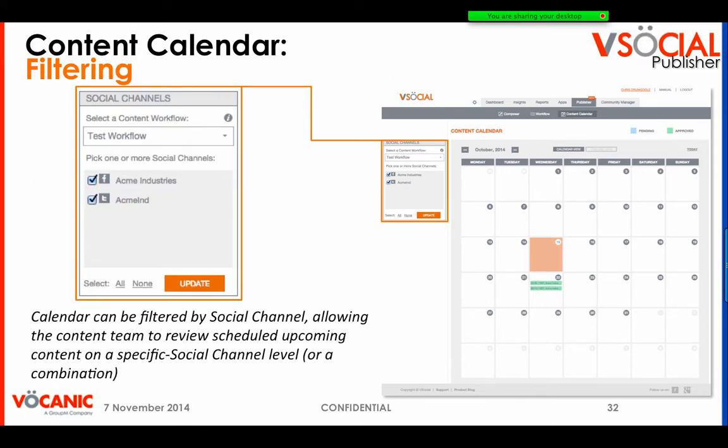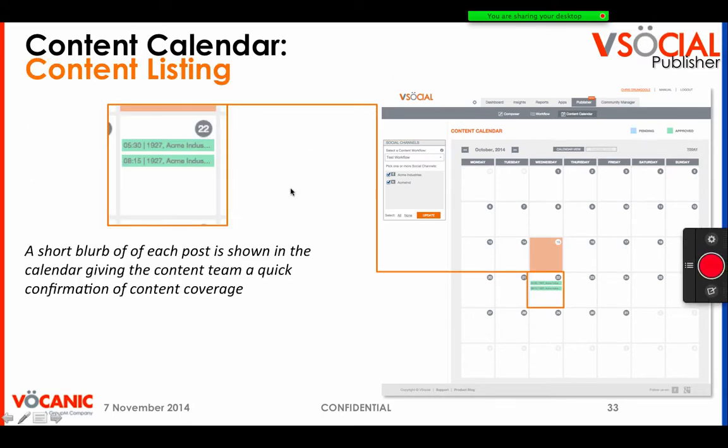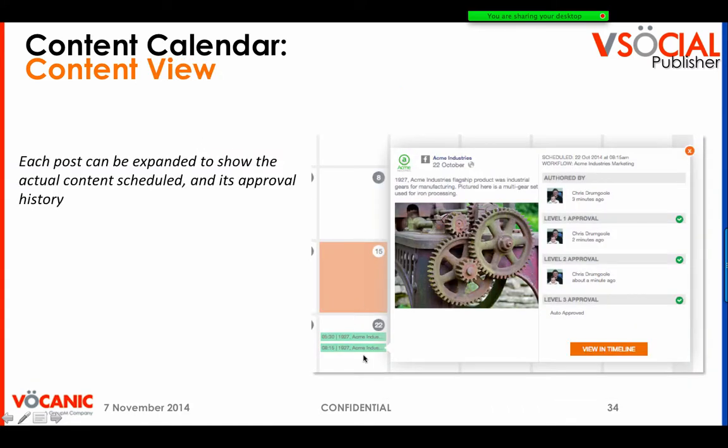Again, on the left we have the filter. In this case, we have 2 posts scheduled on the 22nd. When you click on one of those, we will show you a preview of the content on the left here, and then what the approval history is for that content.